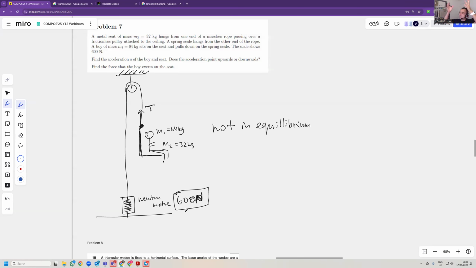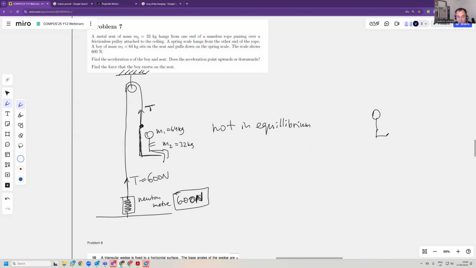So basically, the boy sits on it, it starts bouncing up and down because there's a Newton meter. So the question is, at the moment when it's 600 newtons, what's happening to the boy? If this is 600 newtons, that means the tension in the string is also 600 newtons, and we're going to use that.